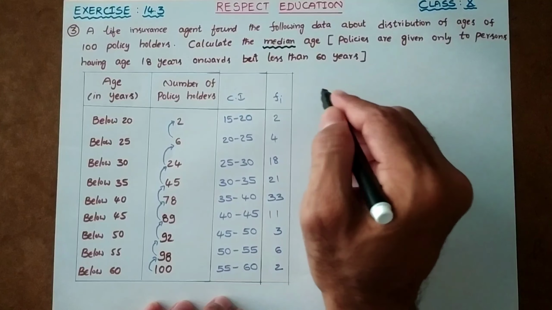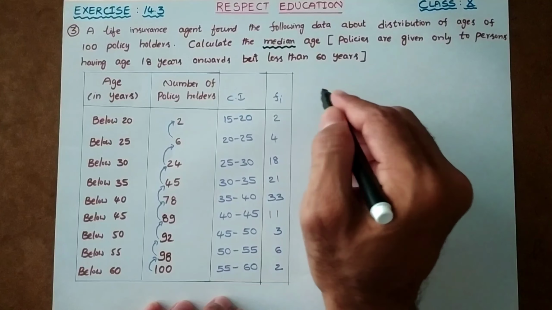Now here we are going to write those values. n by 2 is already 50, Cf is 45 and F is 33, and here we are going to find H. H is the difference between the class intervals, that is the width of the class interval. H equals 5.